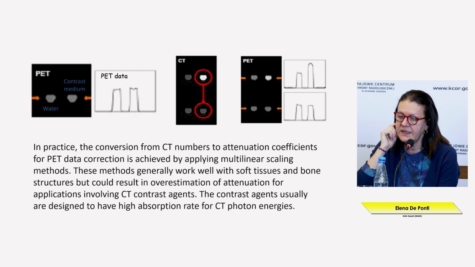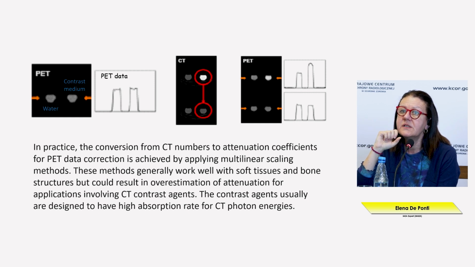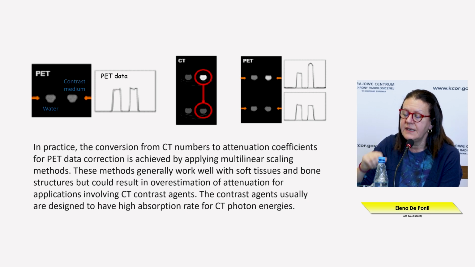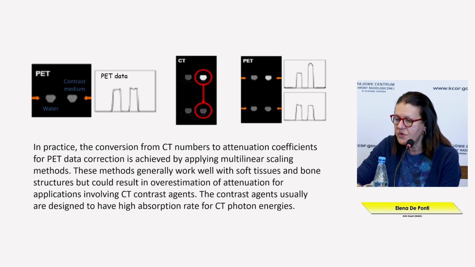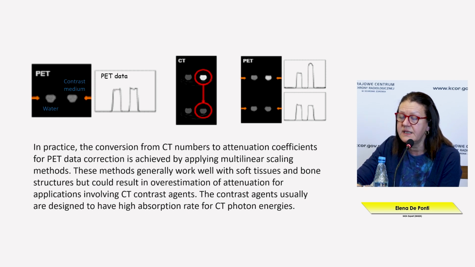For example, when we are using contrast medium, we can have a different signal from two lesions, two objects that have the same amount of radioactivity, but we have corrected with the CT in which we have used the contrast medium. So pay attention to the use of the enhanced contrast medium CT in correcting for attenuation.